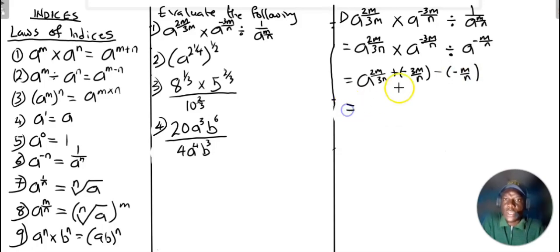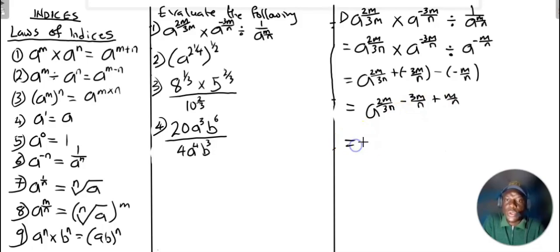So let's do justice to that. Plus times minus will give you plus. So you have a raised to power 2m over 3n, plus times minus is minus 3m over n, minus times minus is plus m over n. So what we are going to do here, we'll just solve this as a normal fraction.